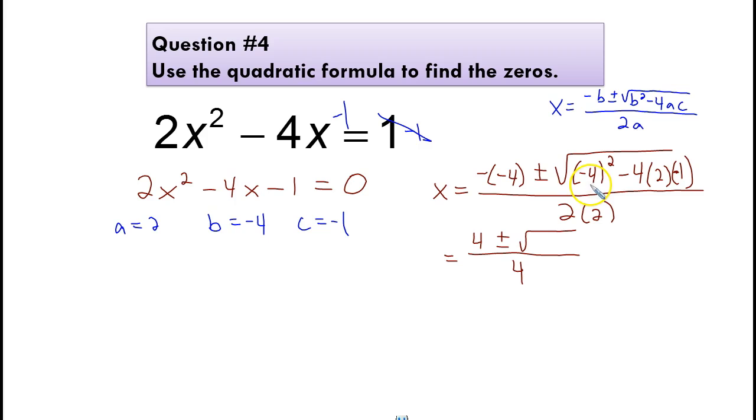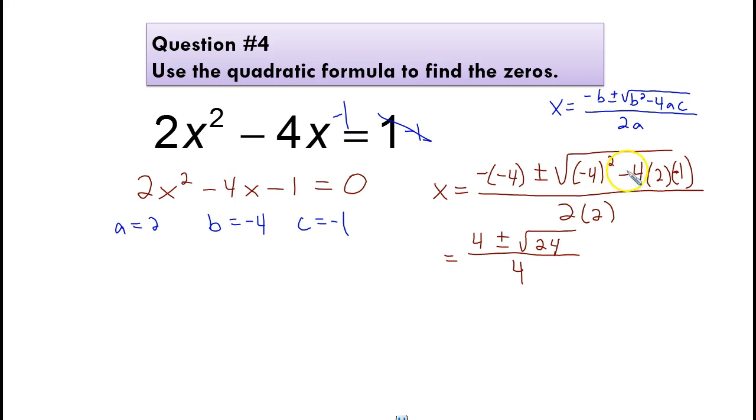We got negative 4 squared, which is 16, minus 4 times 2 times negative 1. And I get 24 when I do that. Essentially, this is like saying 16 plus 8, because the negative times the positive times the negative is a positive.